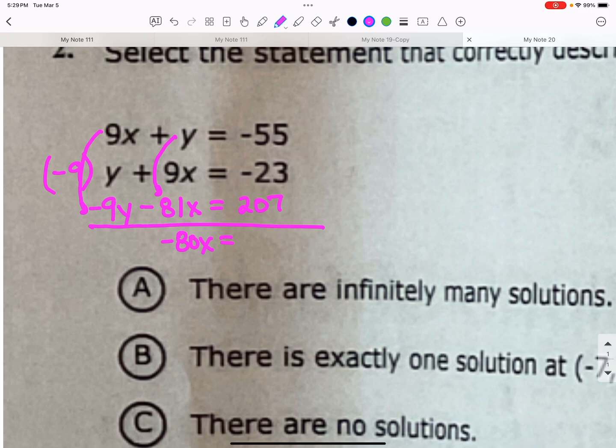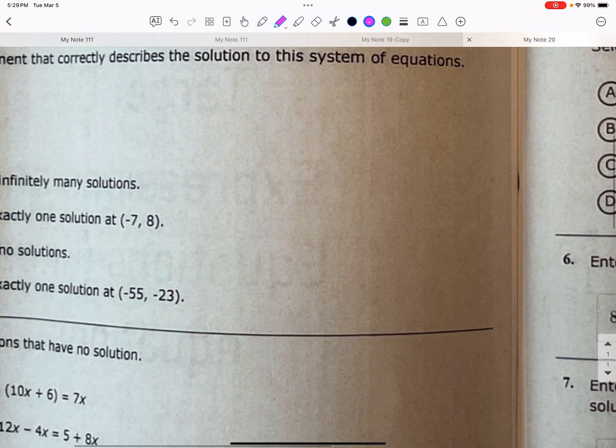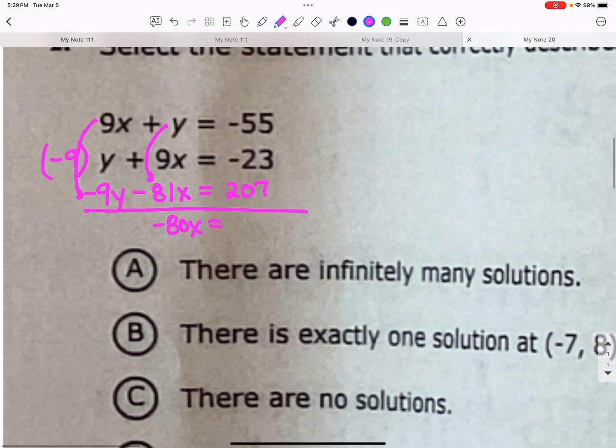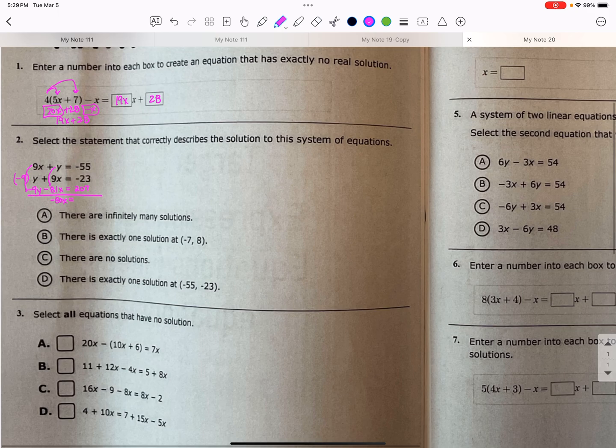Did I do this right? 152 divided by 80 is 1.9. Ew, this doesn't look like I did this right. Okay, did I do something wrong? Negative 9, negative 81 equals 23 times 9 equals 207 minus 55, 152.